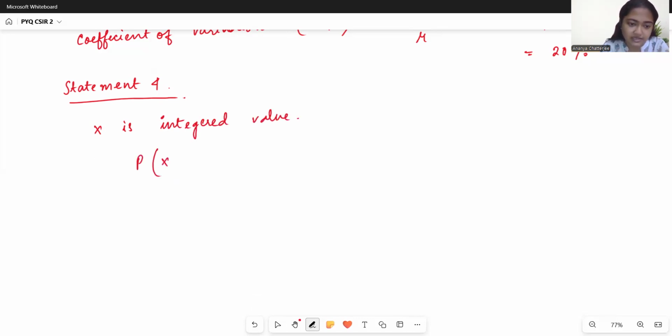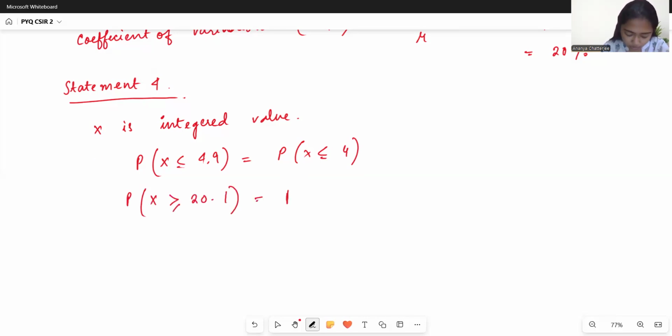From here we get probability X less than or equal to 4.9 is equal to probability X less than or equal to 4. And probability X greater than or equal to 20.1 is equal to probability X greater than or equal to 21, correct? As X is integer valued, we don't take decimal values here.